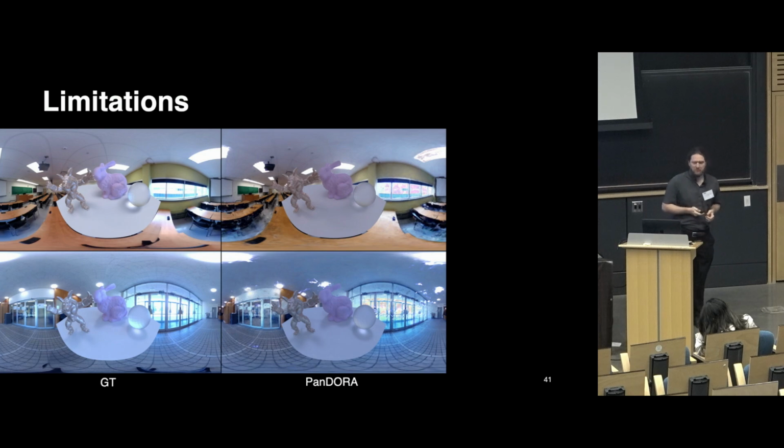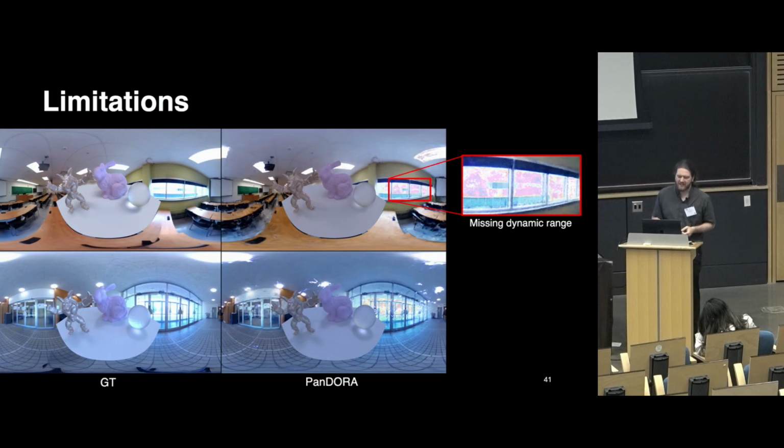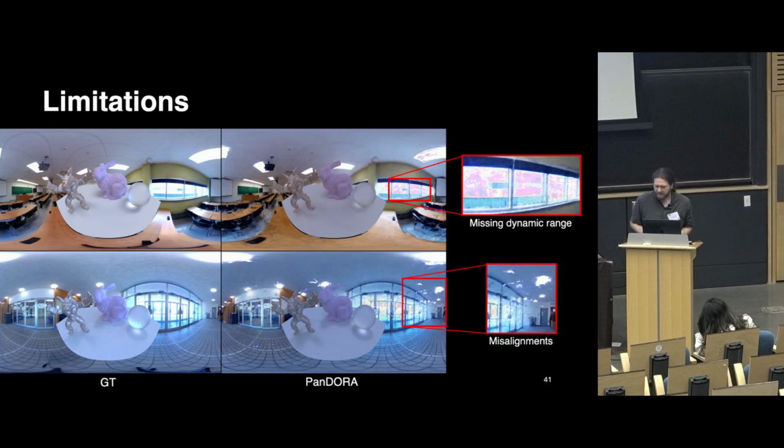Outdoors is very bright, especially if you have the sun inside of your field of view. So the missing dynamic range explains the artifacts that we're seeing here. Also, sometimes the fine alignment can fail. Sometimes it can lead to floaters, and we leave fixing those as future work.